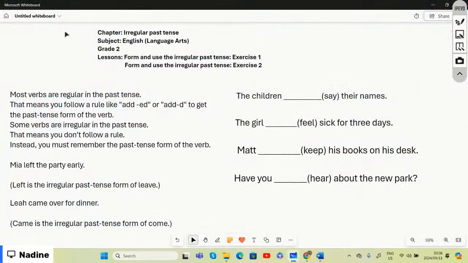Our chapter is irregular past tense, our subject is English Language Arts, and we're doing grade 2.